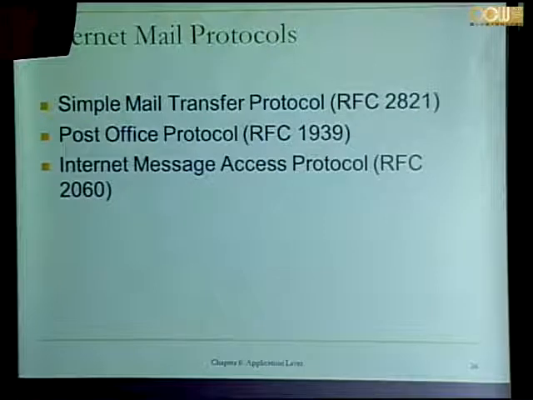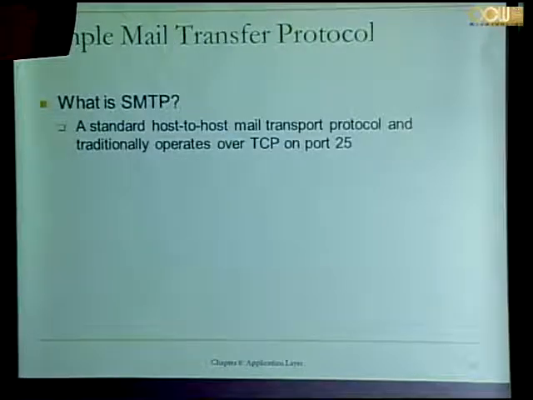Okay, next we see the three protocols for mail delivery and retrieval. The first one is delivery, and the other two are retrieval. SMTP operates on TCP port number 25.